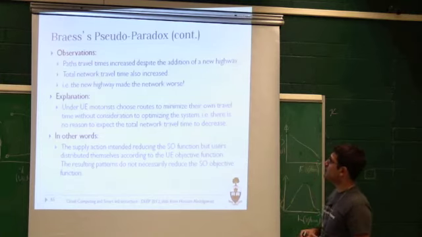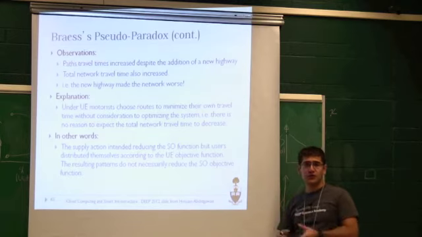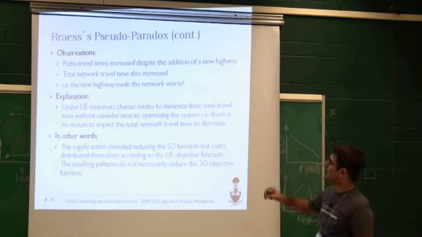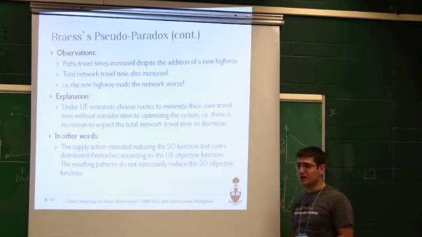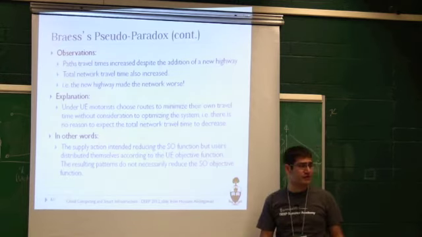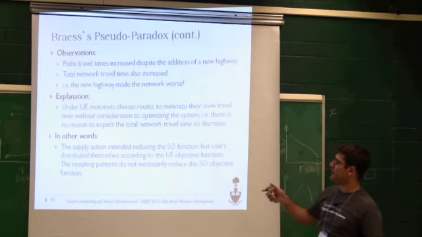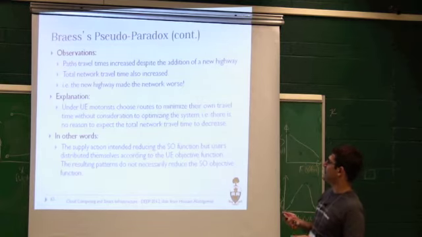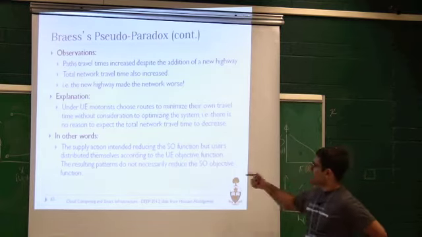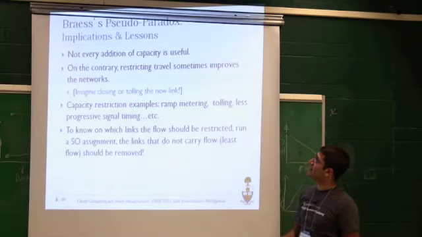Explanation: under user equilibrium, people try to act selfishly in order to minimize their own travel time, but there's no consideration of optimizing the whole system, which means there's no guarantee that the total travel time will not be higher, as what we saw now. In other words, the supply action intended reducing the system optimal function, but users distributed themselves based on user equilibrium, which made everyone suffer together.